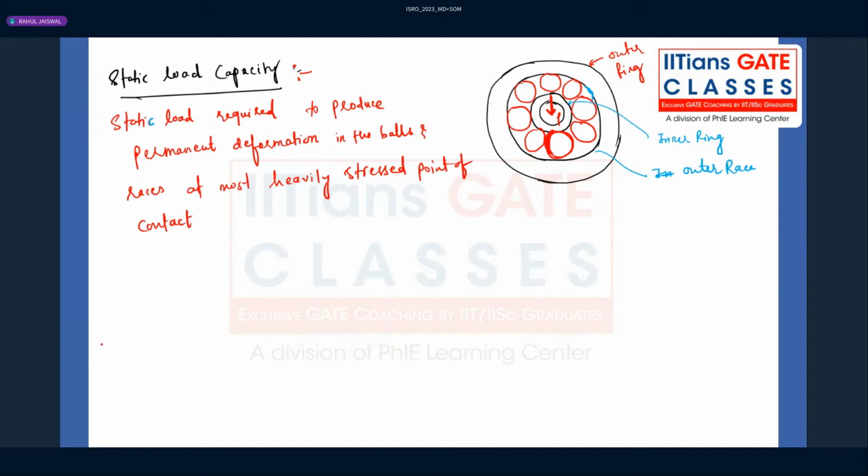Static load required to produce the permanent deformation, which is equal to 0.0001 d, right? So what I'm saying here is static load required to produce the permanent deformation in the balls and the races at the most heavily stressed point.